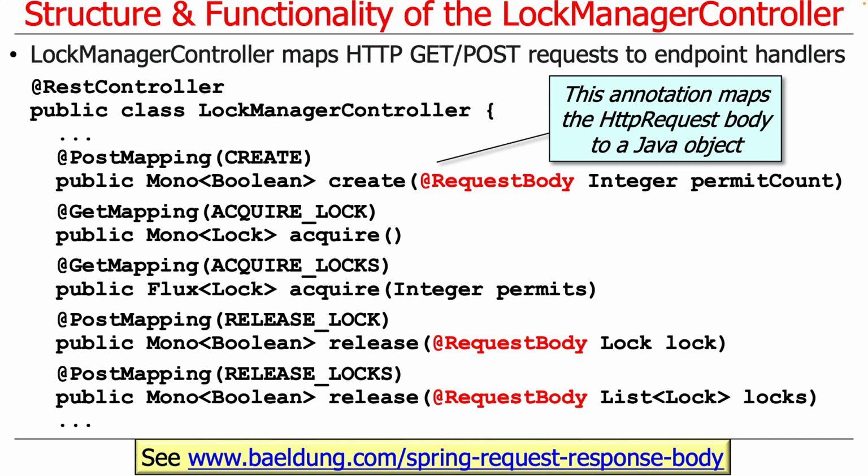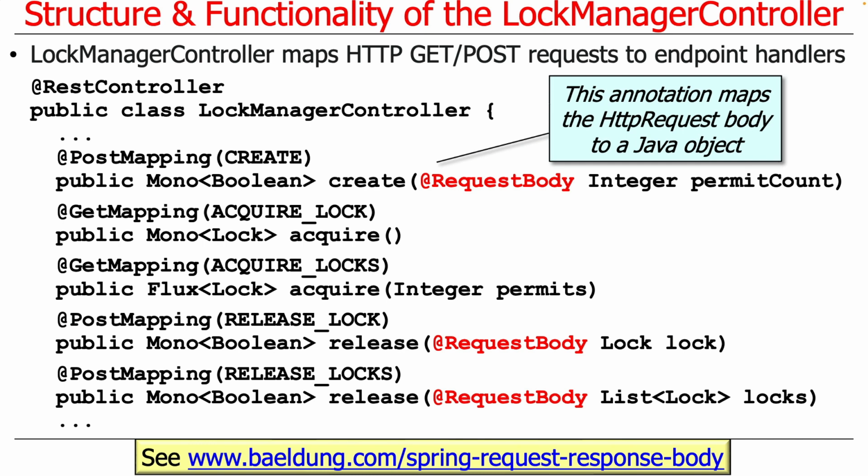And these are very similar to what we've seen before, in the sense that we're passing over a request body that's an integer or a lock or a list of locks and so on. And so for the things, for example, that are post requests, we're going to send them in the body of the post request, just because why not?